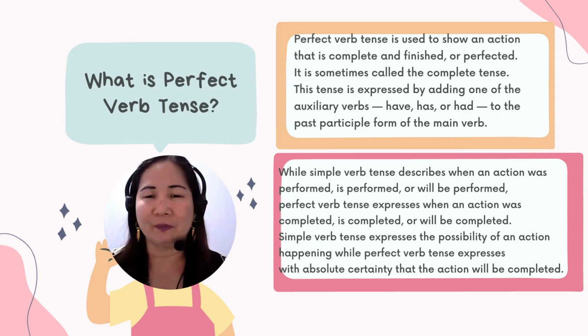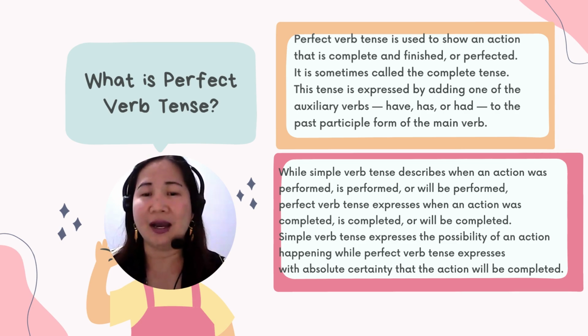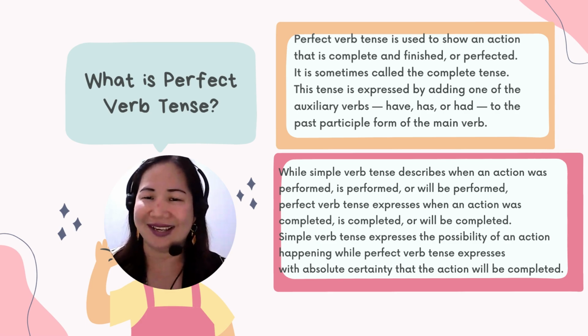of the main verb. While simple verb tense describes when an action was performed, is performed, or will be performed, perfect verb tense expresses when an action was completed, is completed, or will be completed.